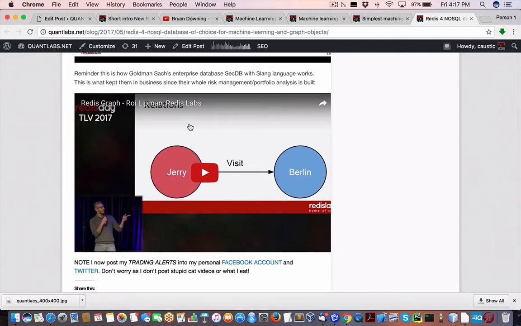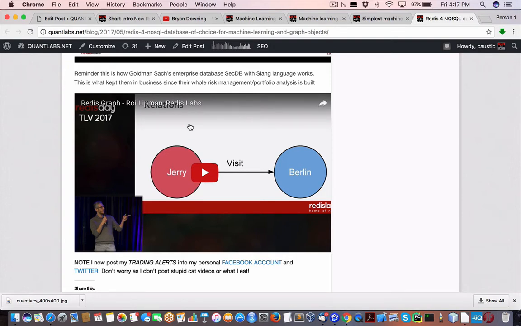fact that a lot of people don't know this, but I've done my research, and we'll just leave it at this. I've talked to some insiders at the following bank, Goldman Sachs. Across their enterprise they have an internal database called SecDB. Slang, their proprietary language, is built around it. It's a database that's across the enterprise.